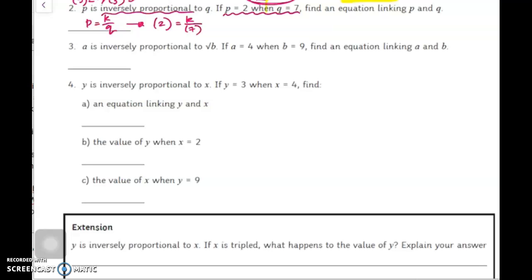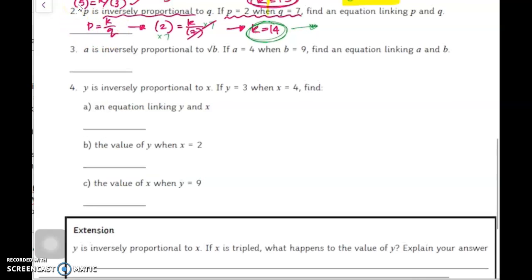Okay, and then we solve for k. And we do that by multiplying both sides by 7, because we know 7 divided by 7 is 1. And so we get k is equal to 2 times 7, which is 14, which we can now substitute back into the original equation right here.